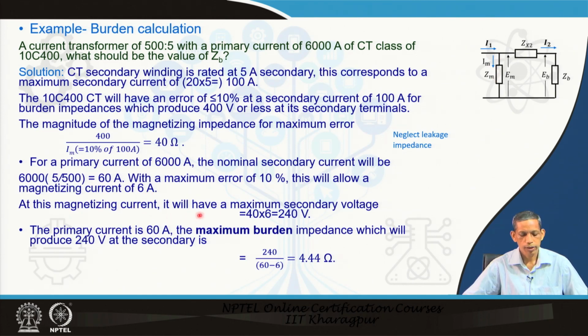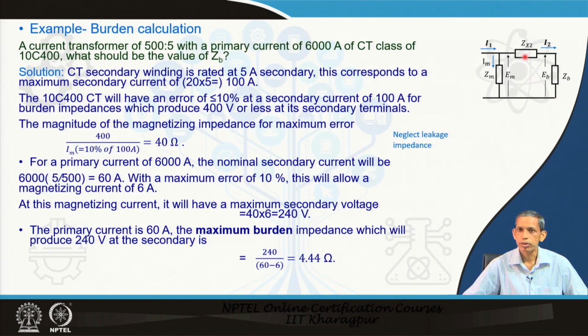At this magnetizing current, the maximum secondary voltage is 6 ampere into the 40 ohm of Zm. So, this becomes 240 volt. 240 volt divided by the current 60 minus 6 gives the burden impedance to be 4.44 ohm.